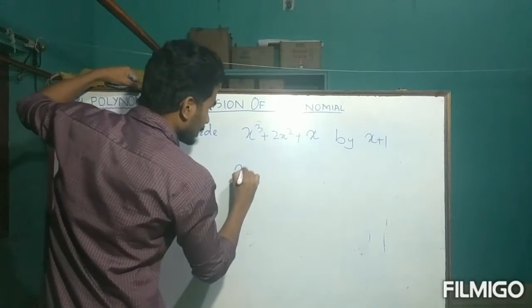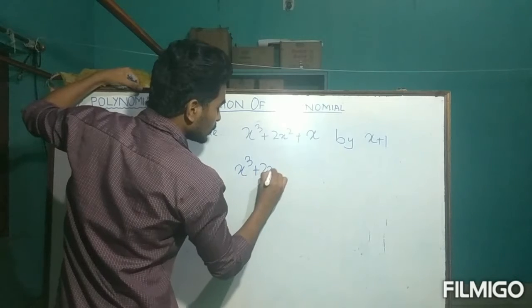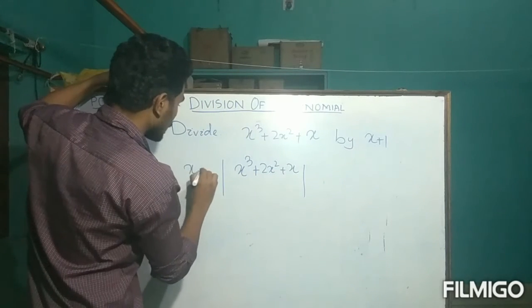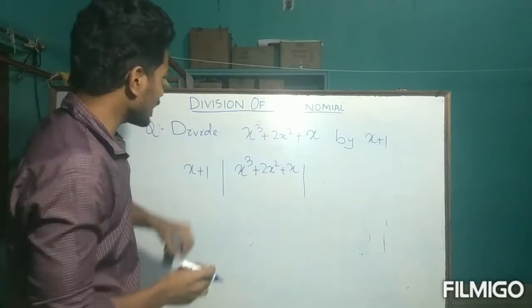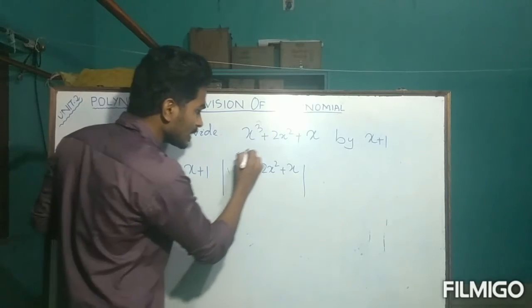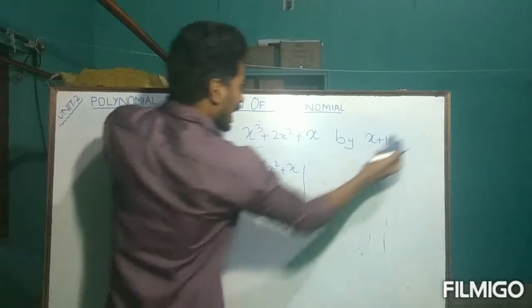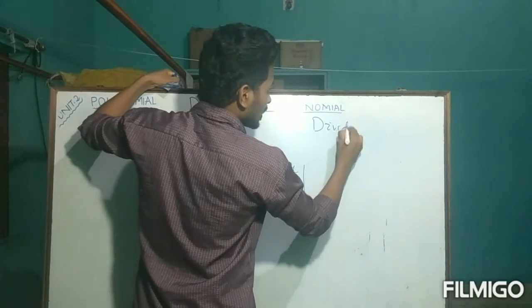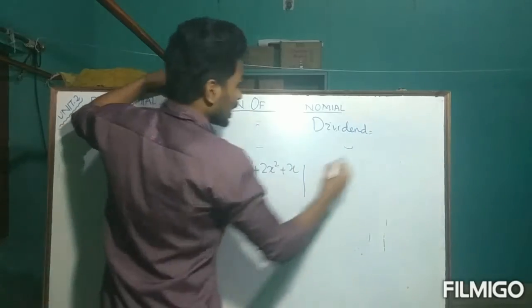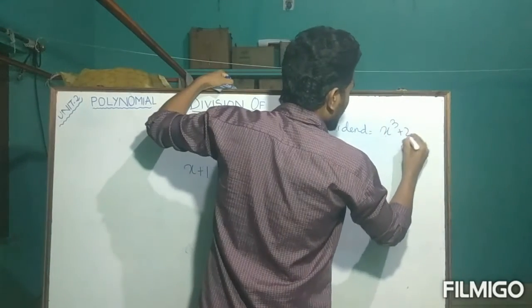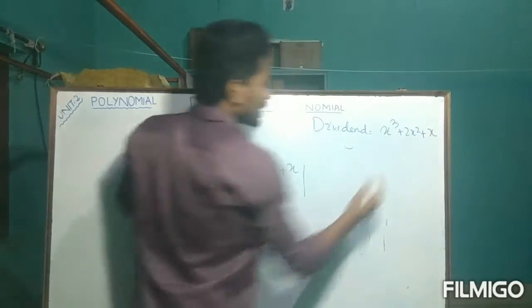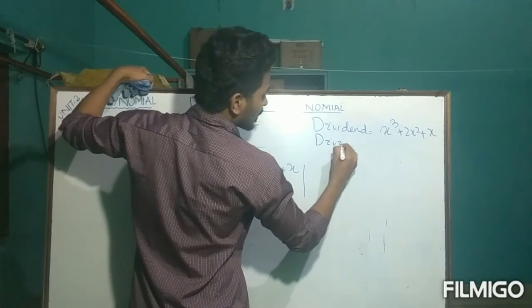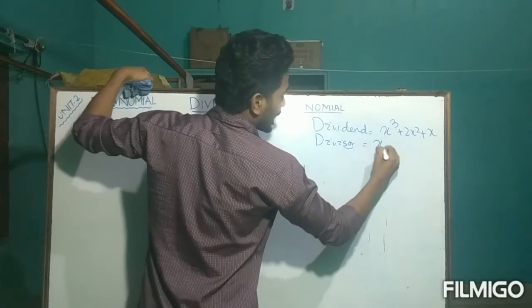Here in this case, this one is the dividend, so we can write dividend is x cube plus 2x square plus x, and divisor is x plus 1.